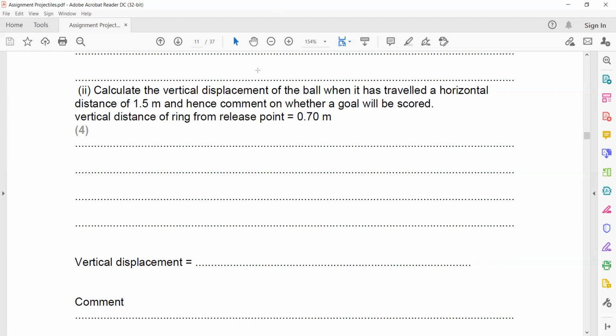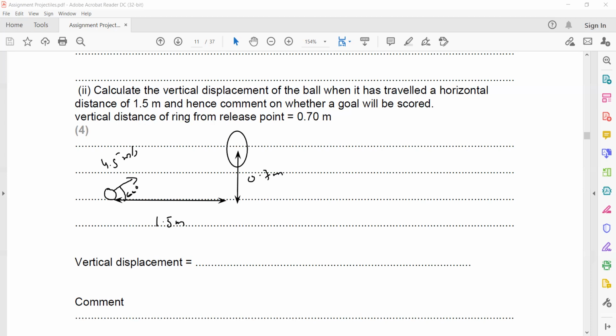So we have the horizontal distance, which is 1.5 meter, and the ring is there, and normally this distance is given from the center of the ring, that is 0.7 meter, and a ball is launched with an initial velocity of 4.5 meter per second, making an angle of 60.